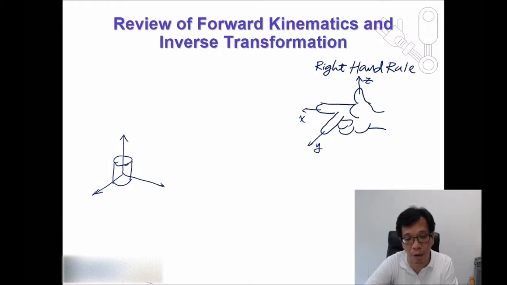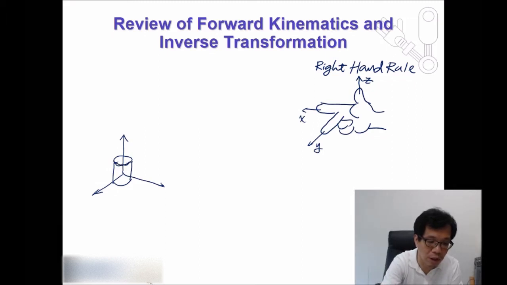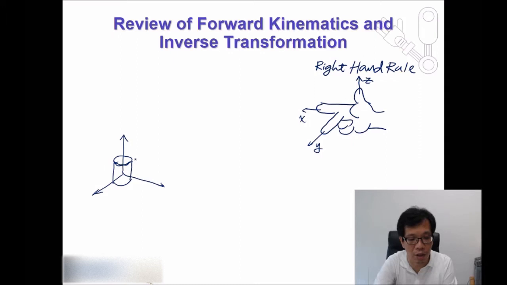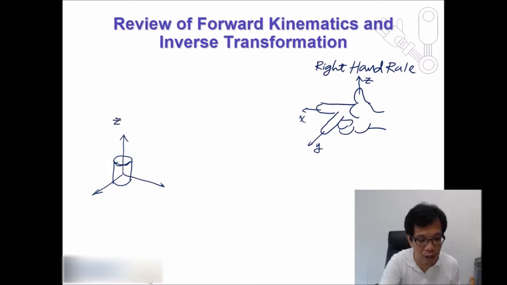So let's talk about what kind of coordinate system we are going to use over here. Before we attach the coordinate system to this specific rotational joint, we need to know that the rotational axis, just like what we do in a two-dimensional plane, is always pointing out of the paper or into the paper, which means this direction pointing out over here is always z.